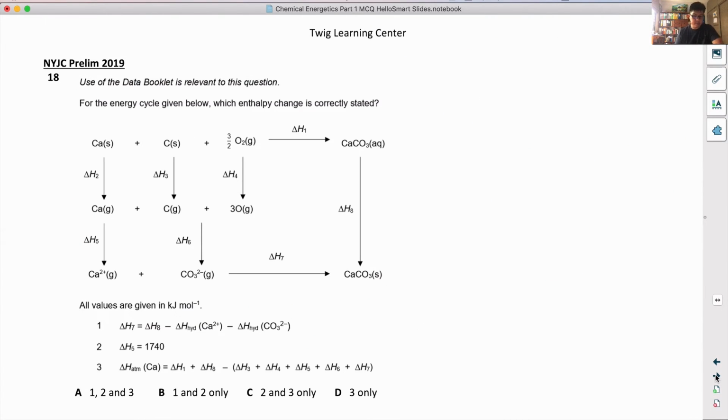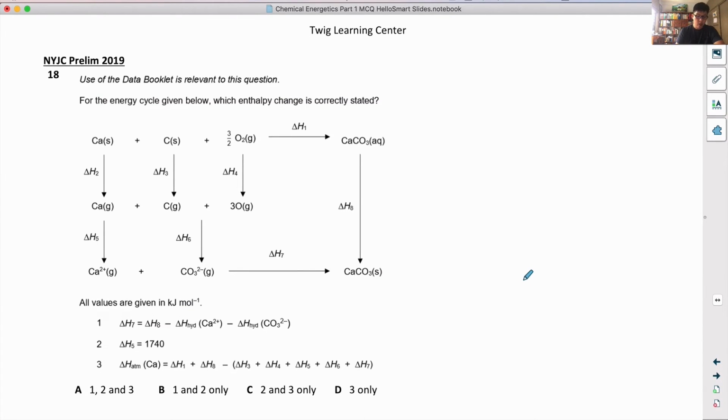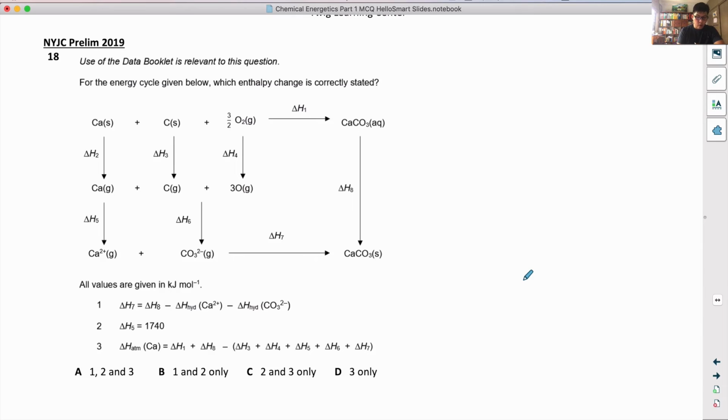Question 18. For the energy cycle given below, which enthalpy change is correctly stated? I noticed in option 1 there's hydration. Hydration is calcium 2 plus gaseous becoming aqueous.